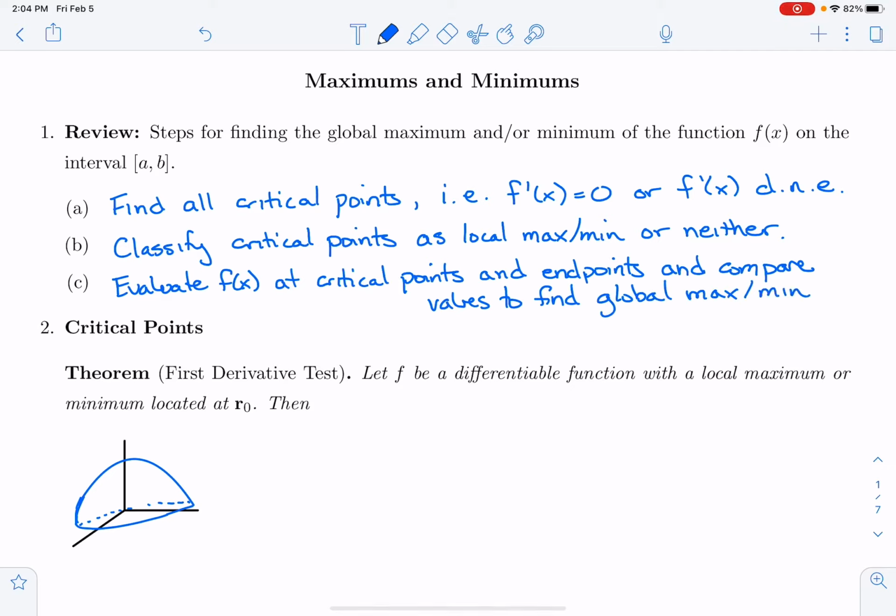So you will recall that for a global maximum or minimum, those could actually be one of the local maximum or minimum points, or those global maximums and minimums could occur on the endpoints of the interval.